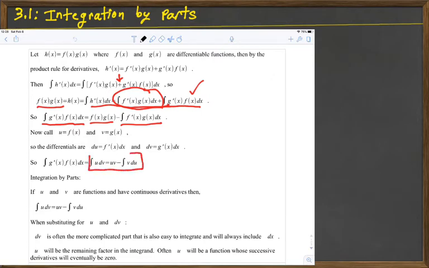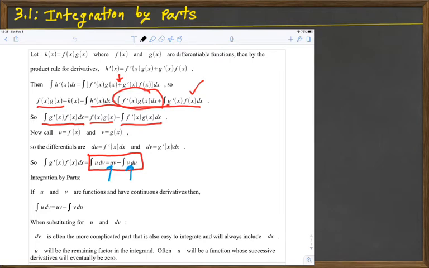If we can get a u dv out of an integral, then we can use integration by parts. Some of my students have come up with a saying for this, if I can remember it correctly. The integral of u dv is uv, so that'd be ultraviolet. And then the integral of v du, they say voodoo doctor.